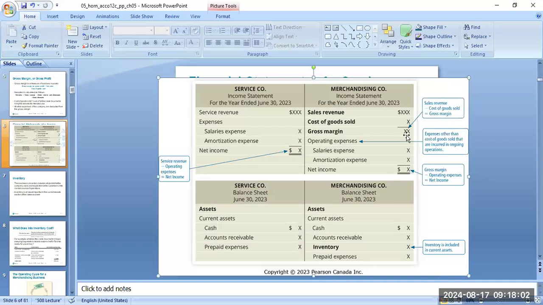On the balance sheet for the service company, again, we're going to have cash, accounts receivable, and prepaid expenses. We might have some inventory, but that will be office supplies, which we already know. At the end of the period, we're going to count them, see how much we used, and expense them.